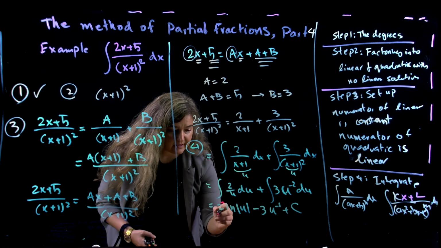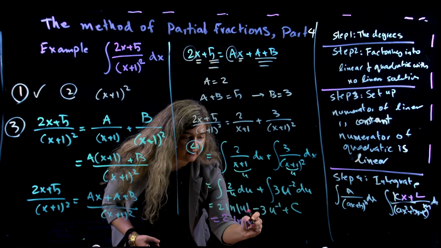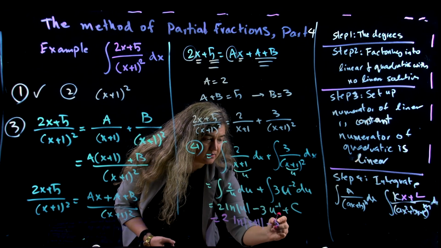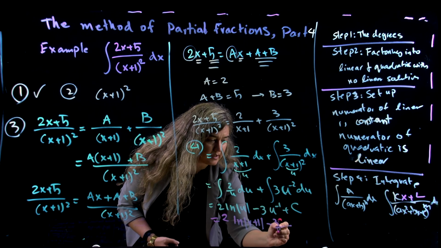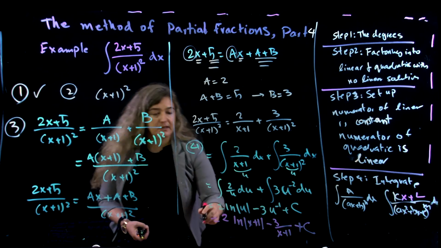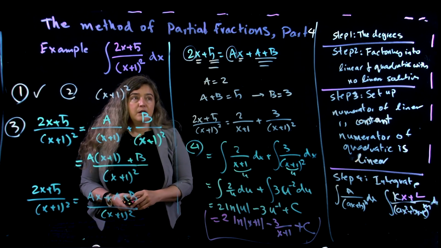And so the final answer becomes 2 natural log of absolute value of x plus 1 minus 3 over x plus 1 plus c. And so that's how we find the answer.